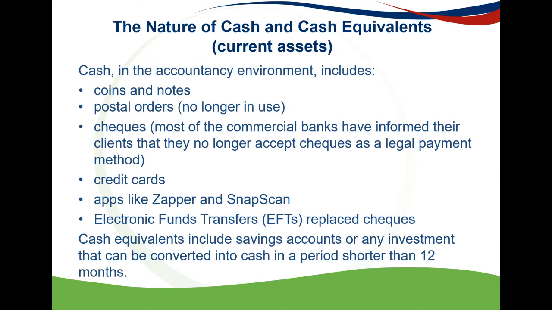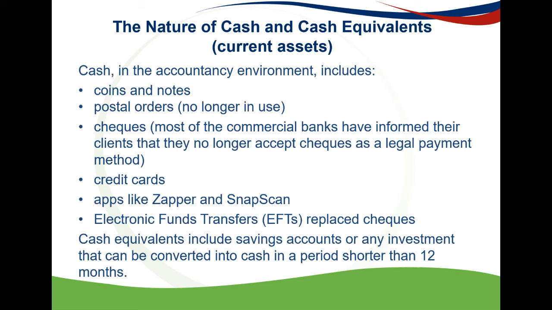Now, the nature of cash and cash equivalents. Remember, on Thursday, Mr. Mkadi went through the books of first entry. He explained to you your cash transactions, for which you use the books of first entry.